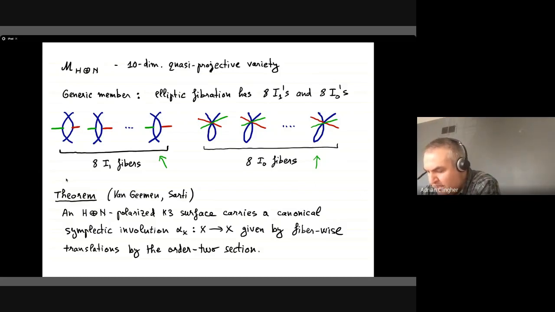But yeah, you're right, this picture is not correct. But this is the generic member. You have 8 I1 fibers, and there are 8 I0 fibers. Maybe the way the 8 I0 fibers intersect the sections is not like this. So let me thank you for pointing that out.